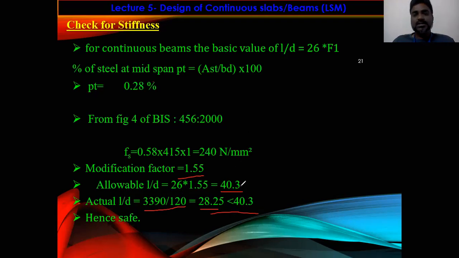Therefore, it is safe. That means whatever your design slab, that is safe against stiffness. If it is greater than, then you need to redesign your section by increasing the depth of the slab. Right. So this is how you need to design your continuous one-way slab.